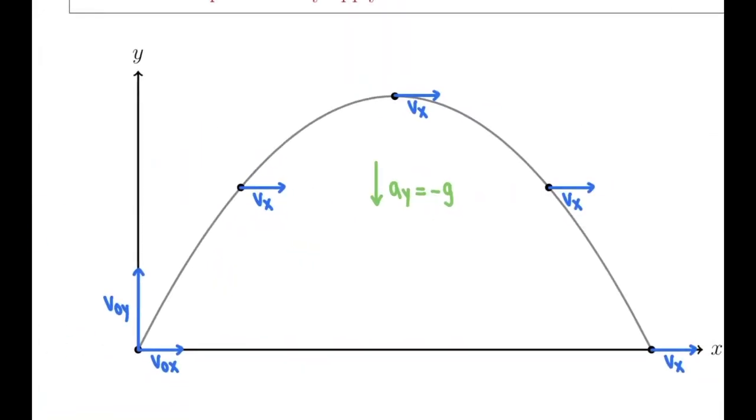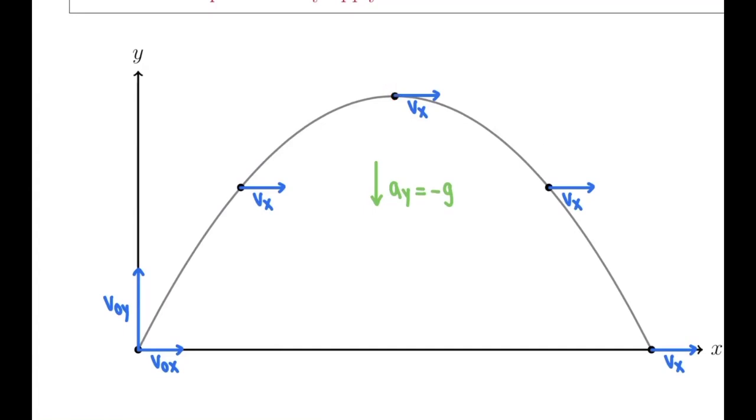Because of the downward acceleration of gravity, the y component of velocity is going to gradually decrease with time until the object reaches the highest point on its path. That's where the y component of velocity will be 0. So Vy will be 0 at the highest point in the path.